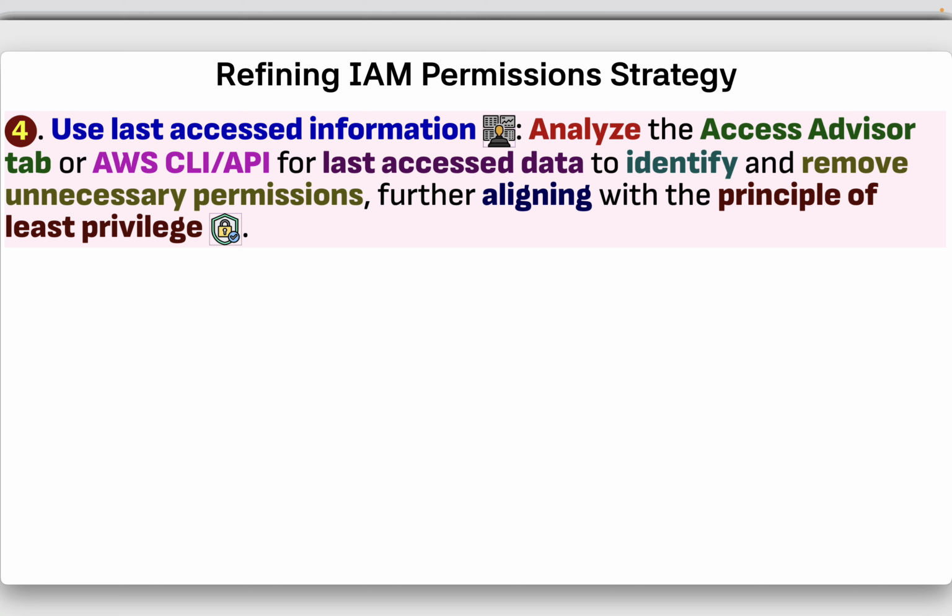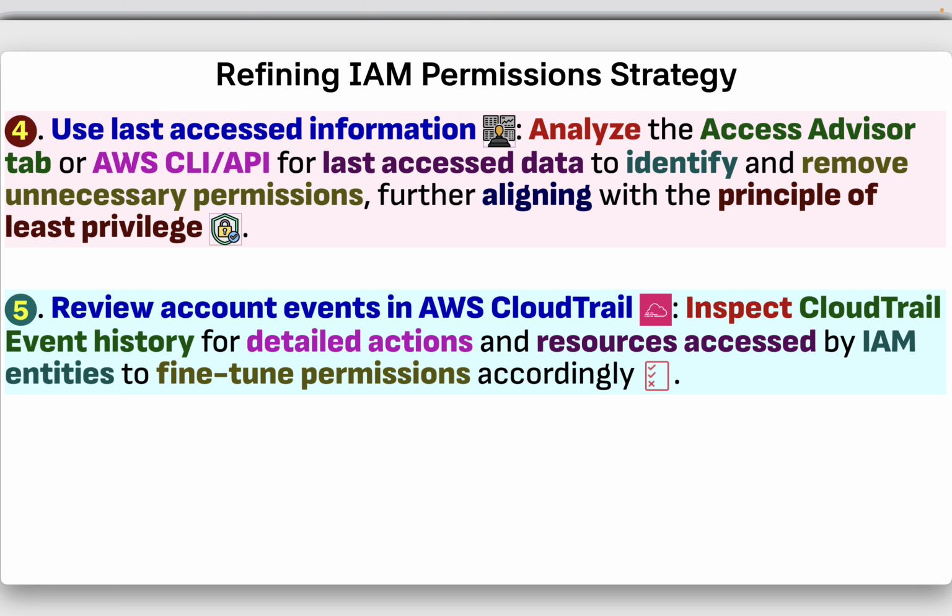This information is already being captured to identify and remove unnecessary permissions, further aligning with the principle of least privilege. Review account events in AWS CloudTrail. You can inspect CloudTrail event history for detailed actions and resources accessed by IAM entities to fine-tune permissions accordingly.